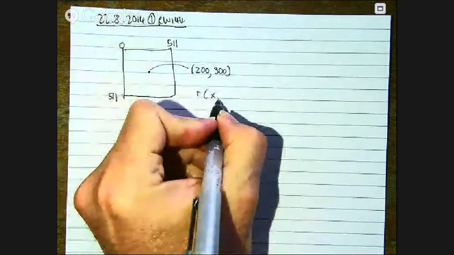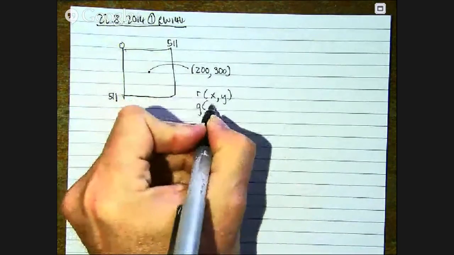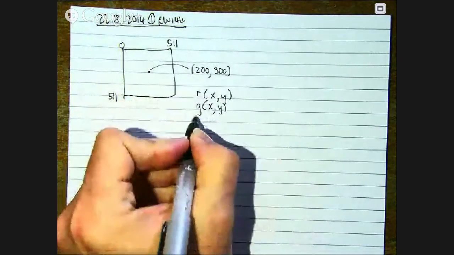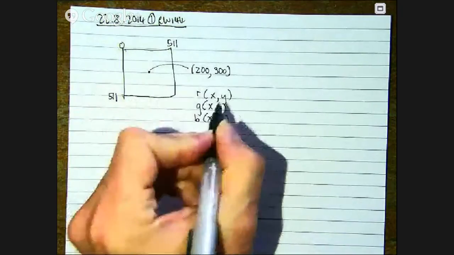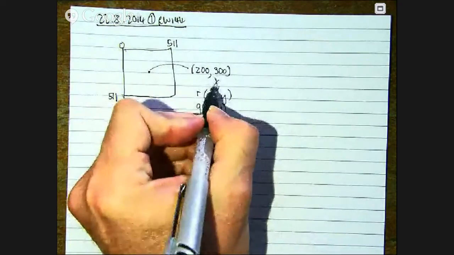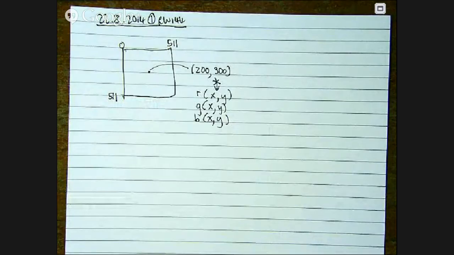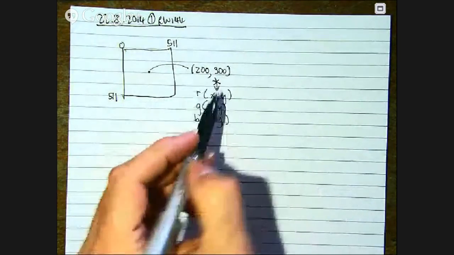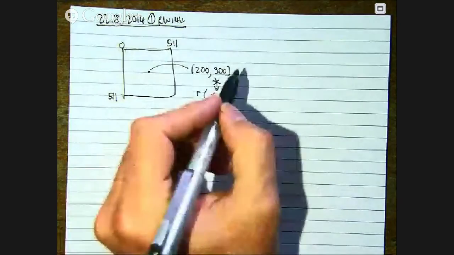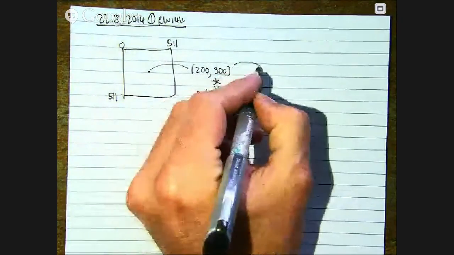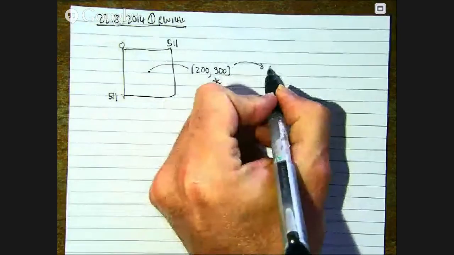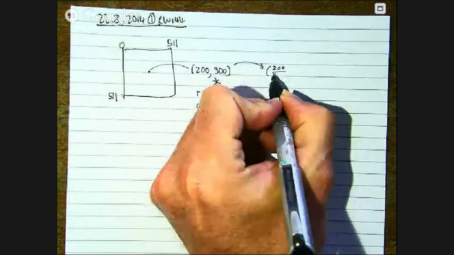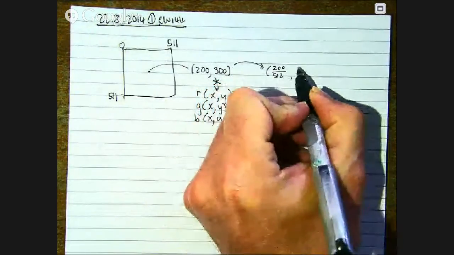One for red, one for green, and one for blue. But we can't put those values in because our functions are all based on the assumption that x and y go from 0 to 1. So before we put the 300 and 200 into these three functions, we have to convert them. We divide each of these by the canvas size.